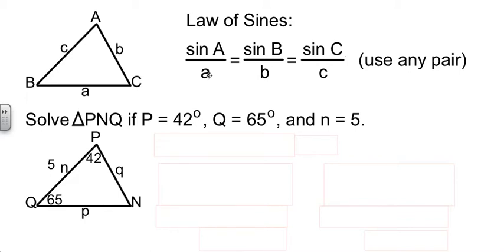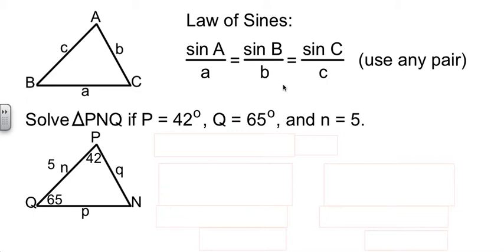Sine of A over little a is the same as sine of B over little b, which is the same as sine of C over little c. Use any pair. It depends on the information you're given. If you're given things about A and C, then those would be the two you would use. You wouldn't use B because you don't have any information about it.